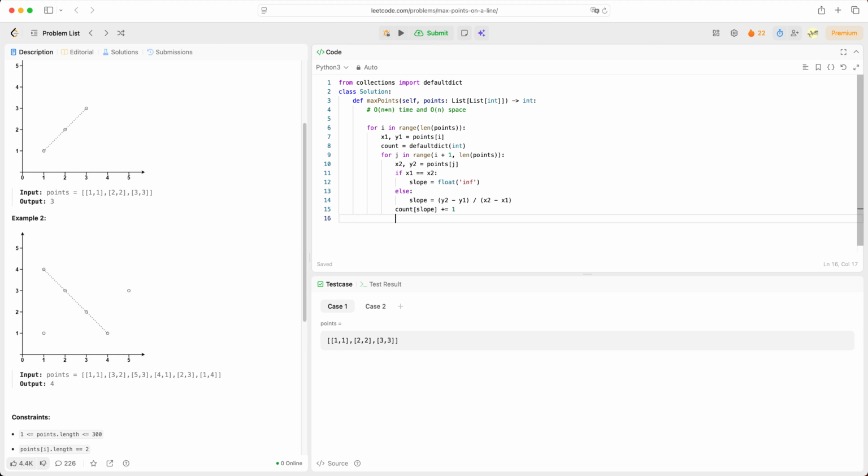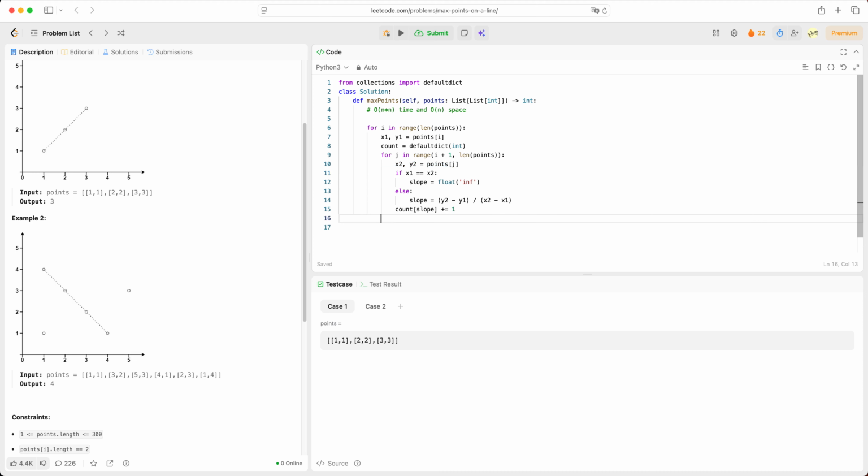We just increase the count by 1. Now, so here we pick the first point, and now we're looping over all of the second points and calculate how many points that form a line with the first point have the same slope between the first point and the second point.